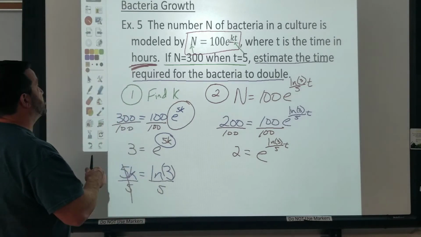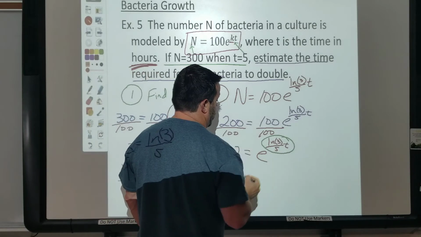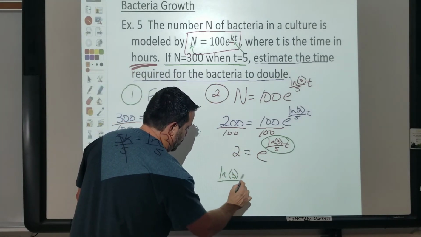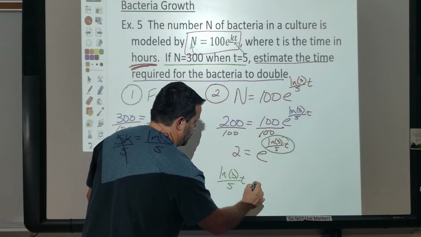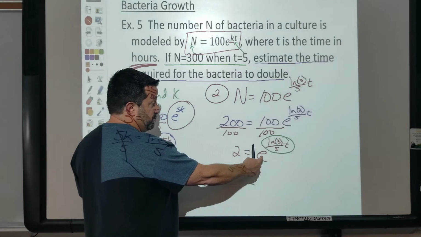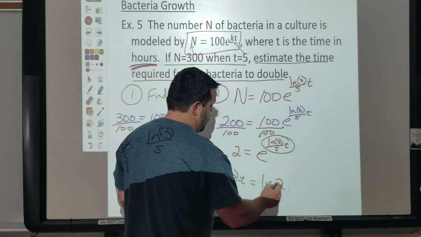So again, similar scenario that we keep running into. I have a variable up in my exponent. So I'm going to rewrite this as the natural log of 3 over 5 times t. So my exponent is equal to the log with this base, so it's base e, so again, that's natural log, of the number that's on the other side, which is 2.